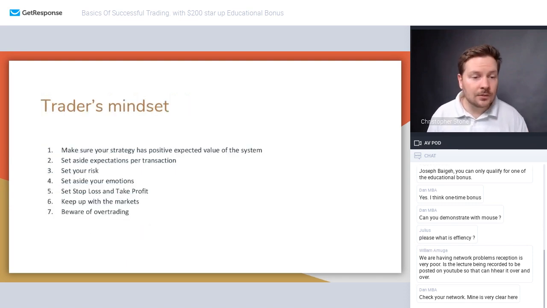And the second thing is set aside expectation per transaction. What do I mean by saying set aside expectation per transaction?